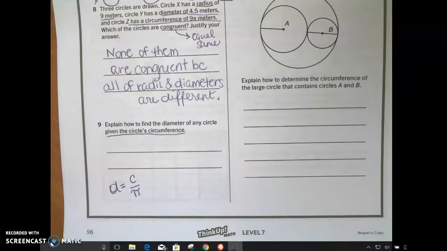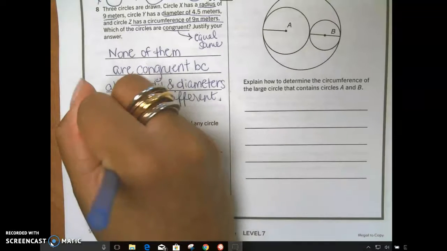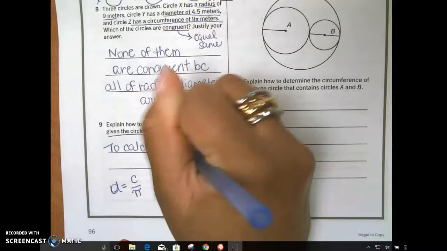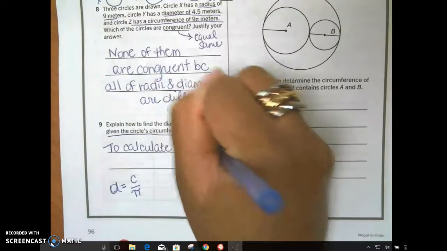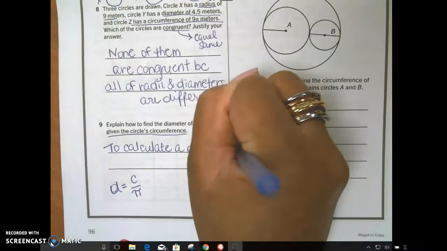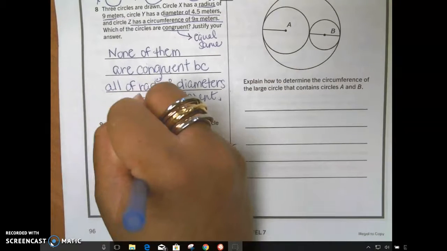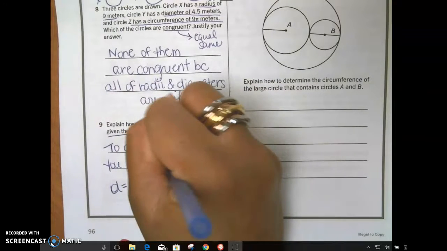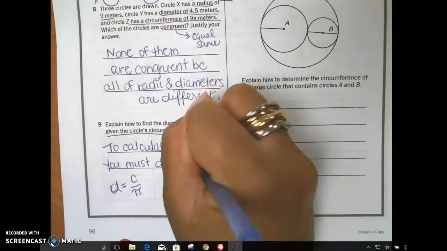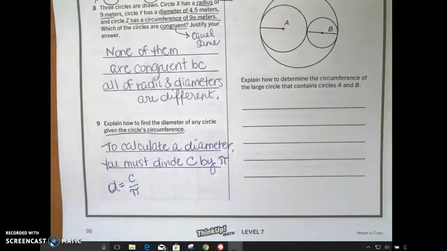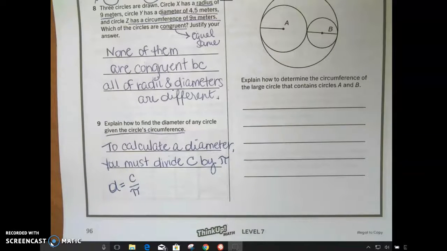What do you do first? Why are you doing it? What is the goal? To get diameter. To calculate a diameter, you must divide the circumference of the circle by pi. You must divide C by pi.